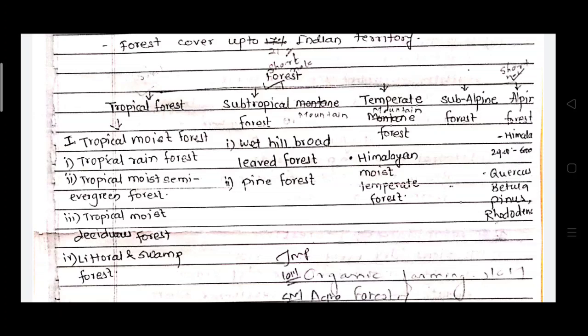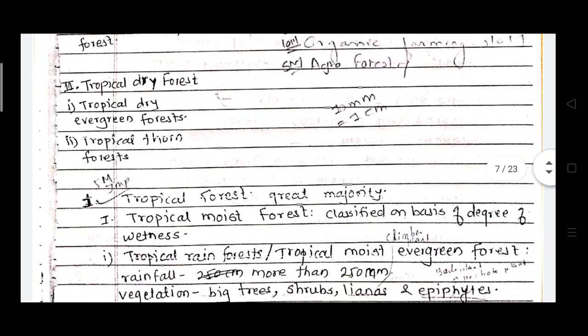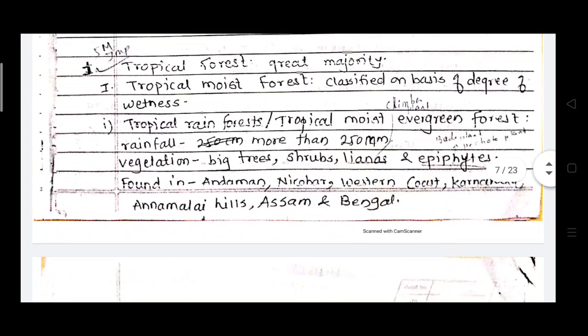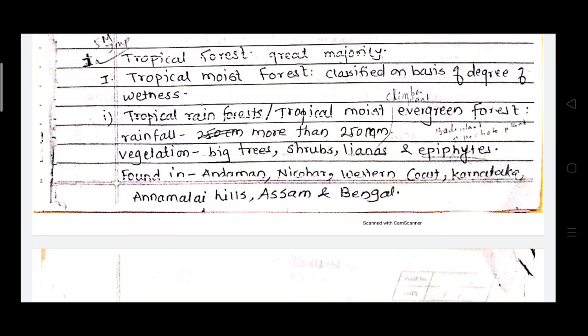So most of the MCQs are asked on the area and their plants, which plants are specifically present in which area. In that way, these different MCQs are asked in your exams, like the thorny or spiny plants, those plants which are present in which type of forest.